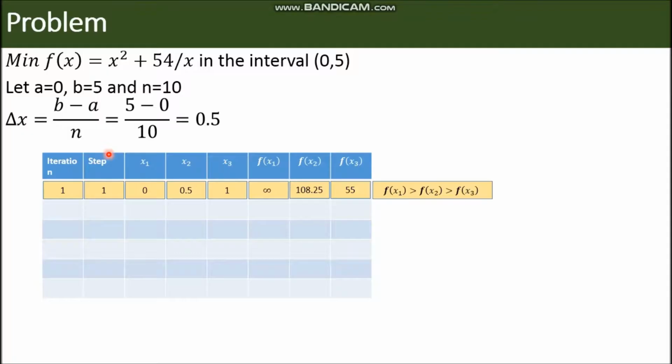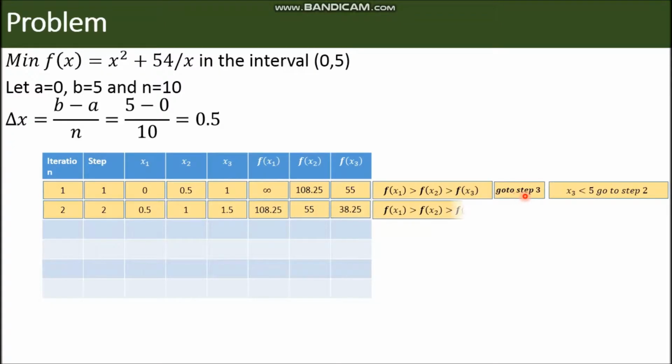So iteration 1, we are using step 1. x1 we take as 0, x2 as 0.5 and x3 as 1. We substitute these values in the function x square plus 54 by x, we get the function values, and we check the condition. The condition is not satisfied as per step 2. So we go to step 3 and check whether we have reached the maximum bound.